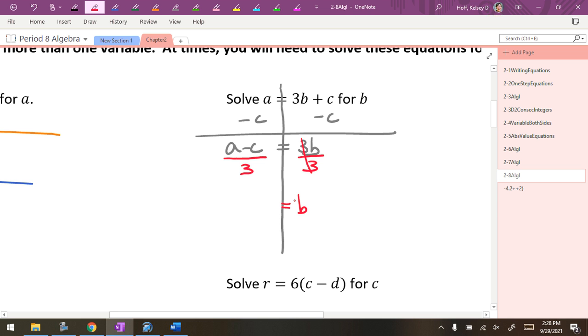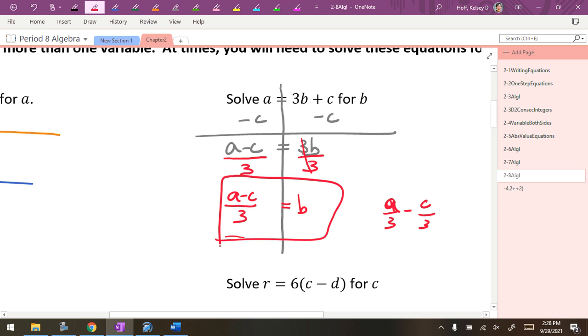Because A and C are not numbers, you can't reduce. So you can just leave this as A minus C over 3. Now technically, A over 3 minus C over 3 is also correct, but I think this is easier on the eyes. Okay?